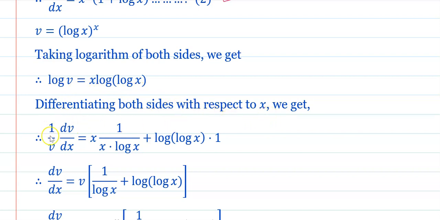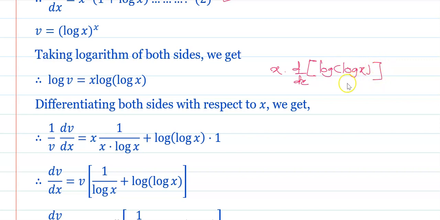We'll get 1 upon v into dv by dx. x as it is, then the derivative of log of log x. What's the derivative of log x? Keep x as it is, d by dx of log of log x.